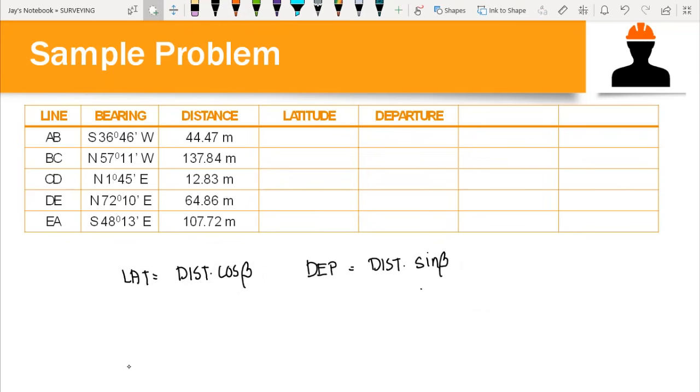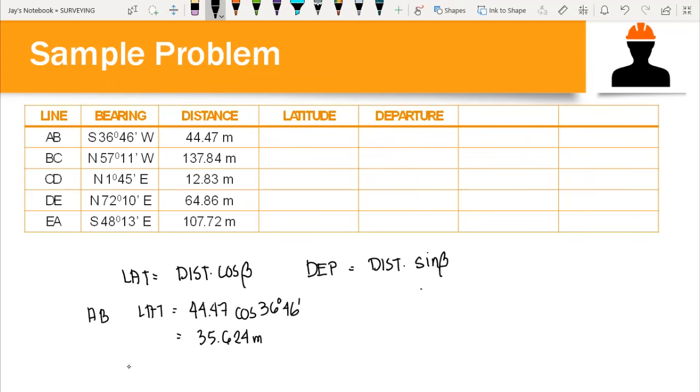So let's begin computing the latitude and departure from our first line, which is AB. For line AB, latitude is equal to the distance of line AB, 44.47 meters, correct, times cosine of the bearing angle, 36 degrees 46 minutes west, and that would give us 35.624 meters.